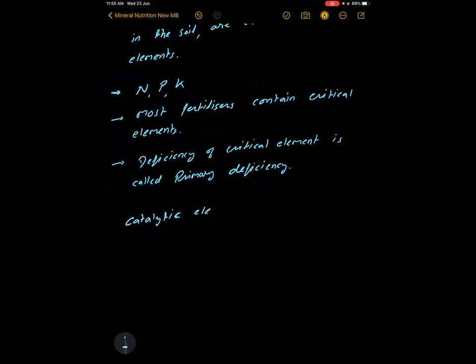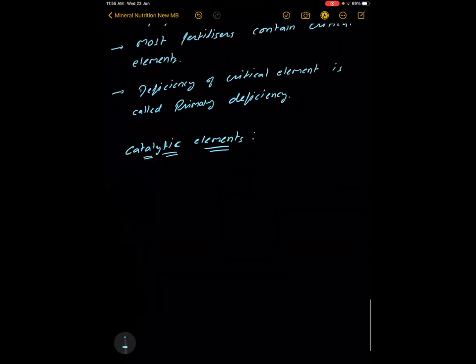Catalytic elements. What are the catalytic elements?